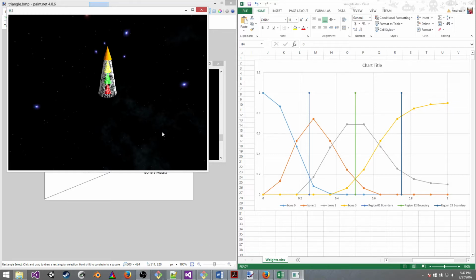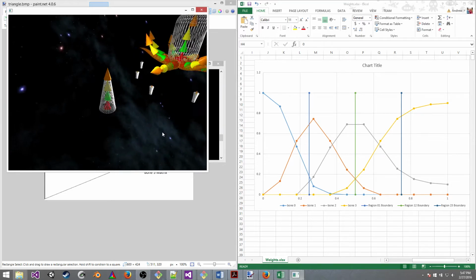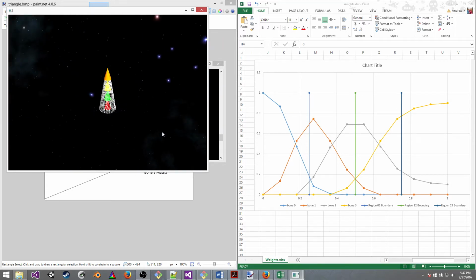You can toggle the drawing of the bones with the T key. Camera controls are Q and E for vertical motion, left and right arrow keys for orbital motion, and the up and down arrows for zooming motion.